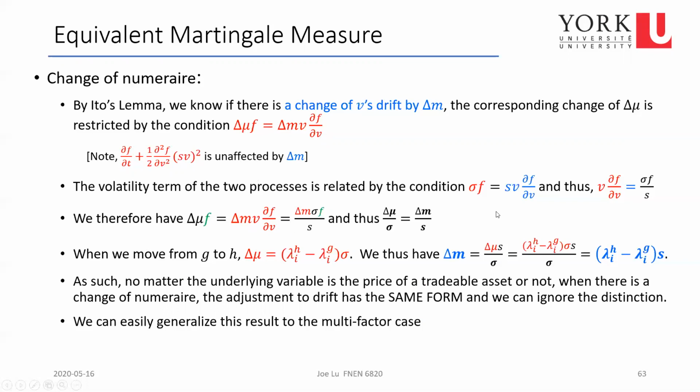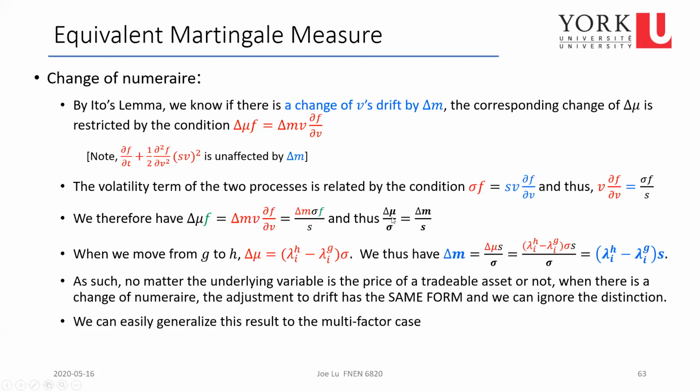Which means we know that dF/dV times V is equal to sigma F divided by s. So you can replace this by sigma F divided by s here.